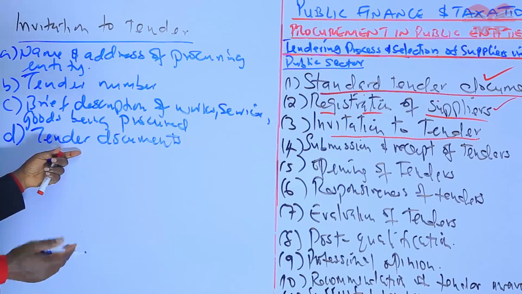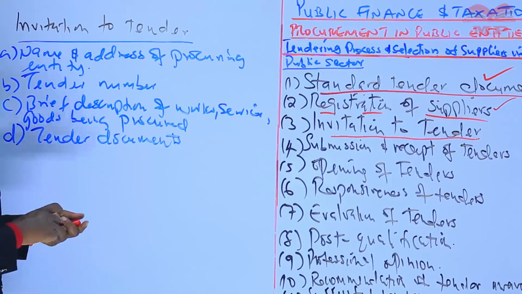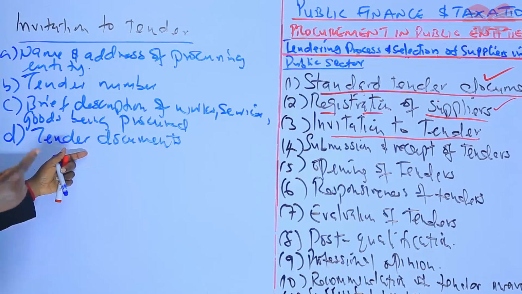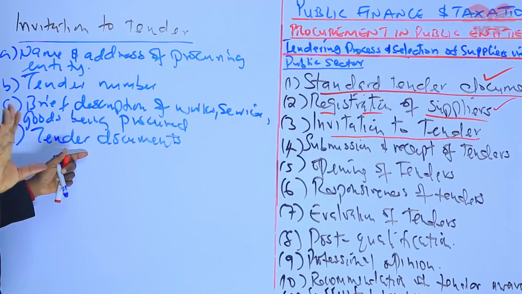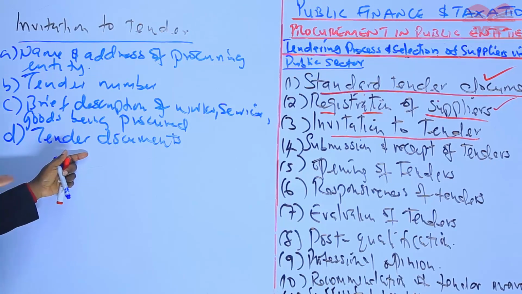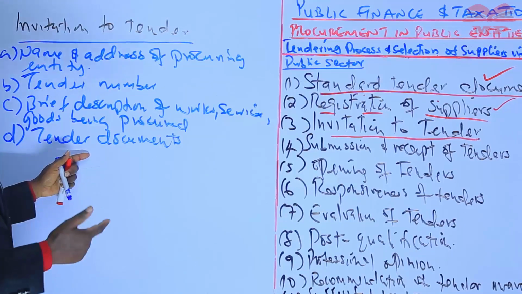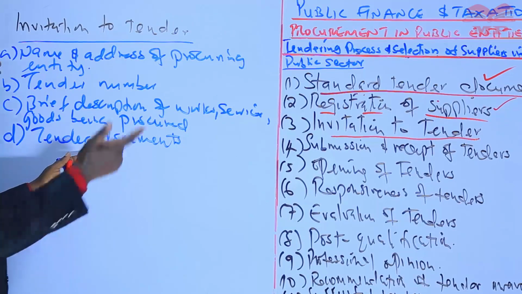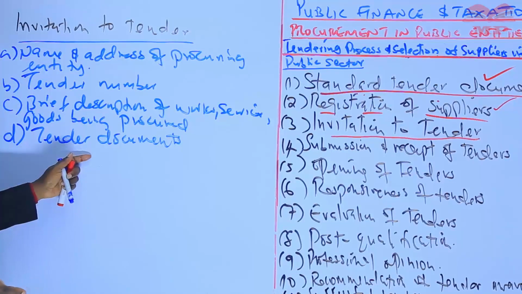Because like tender documents, the tenderers may not know where to get the documents. So the accounting officer should provide a brief description of the documents that are to be used in the tendering process. Where are the documents to be found, and what is the fee to be paid for obtaining such documents.